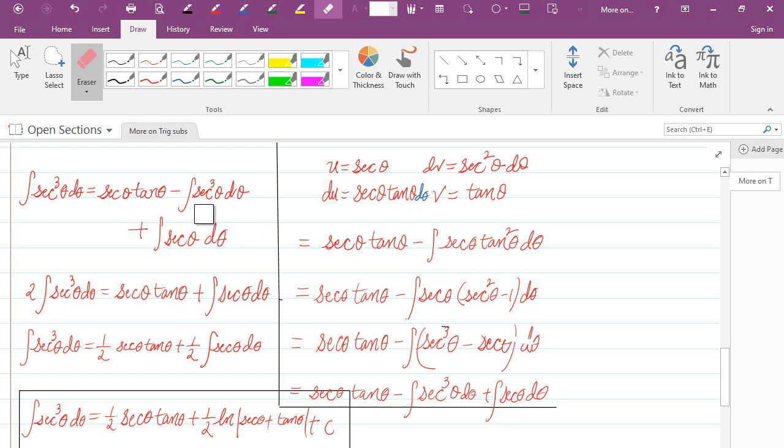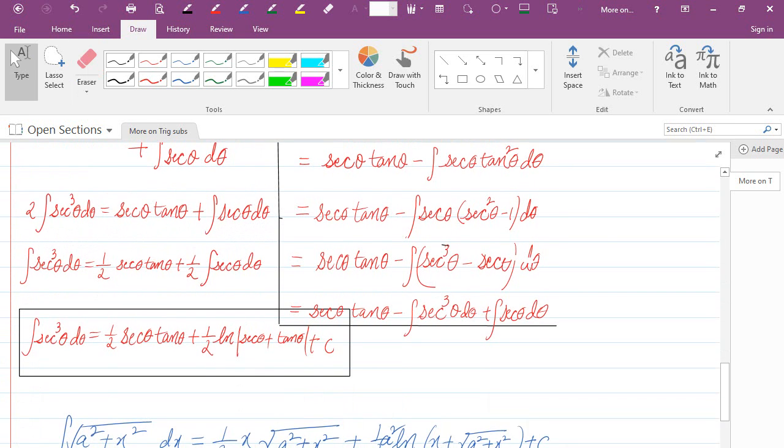If we do that, we get 2 times the integral of secant cubed of theta d theta equal to secant theta tangent theta plus the integral of secant theta d theta. So the integral of secant cubed of theta d theta would be half of secant theta tangent theta plus half of the integral of secant theta d theta.